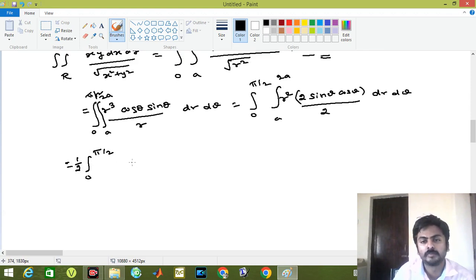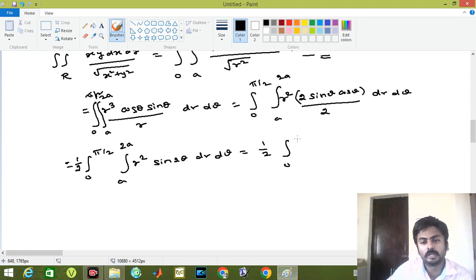Then you are having r square. So integrating r square with respect to r, this theta and all will act as constant, but we shall simplify it and after that we shall integrate a to 2a r square sin 2 theta dr d theta.